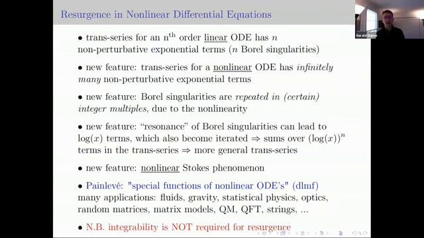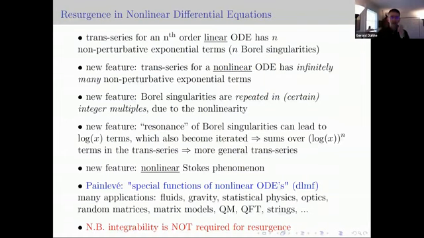Another interesting new feature in the nonlinear case is that there can be resonance between different Borel singularities, and that can produce logarithmic terms in the trans-series. Here, x is the variable in the differential equation, and I'm going to be expanding around large x. And these also become iterated because of the nonlinearity. And so now, in addition to the powers of 1 over x and the exponentials, say e to the minus x, e to the minus 2x, etc., we also now generate powers of logarithms of x.